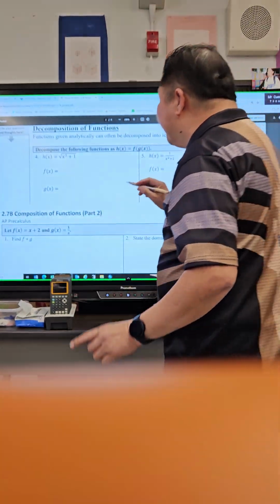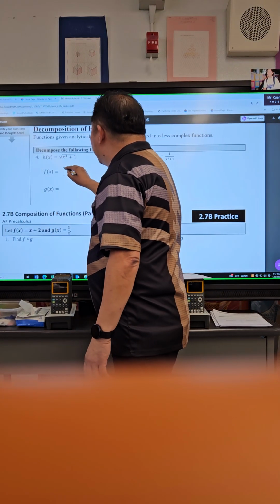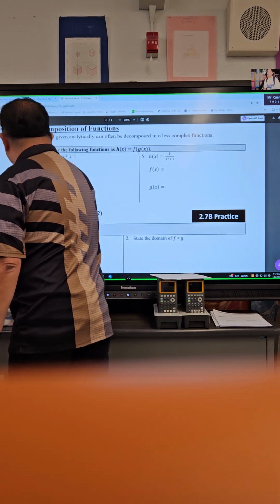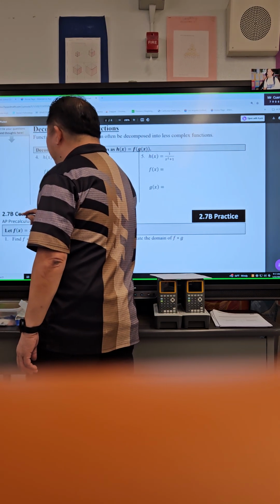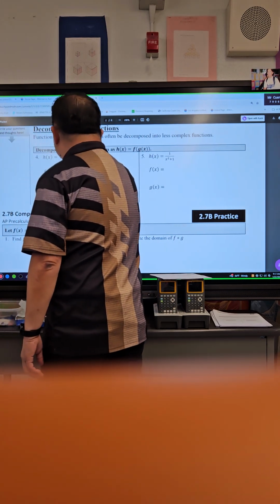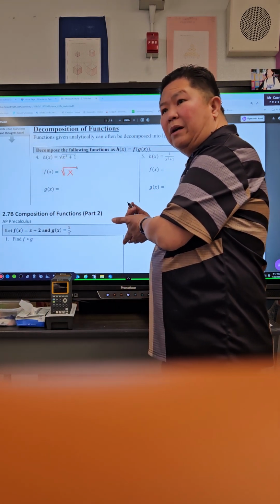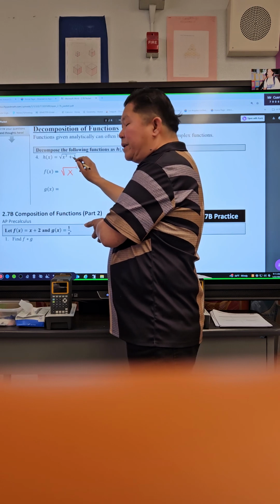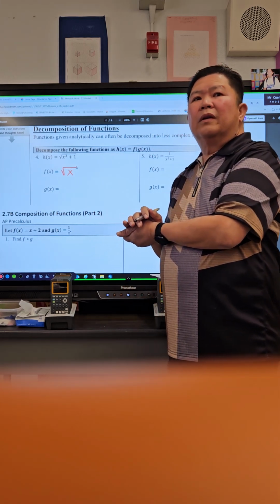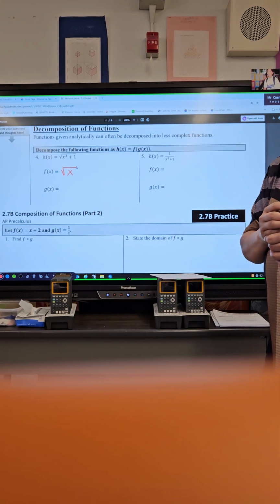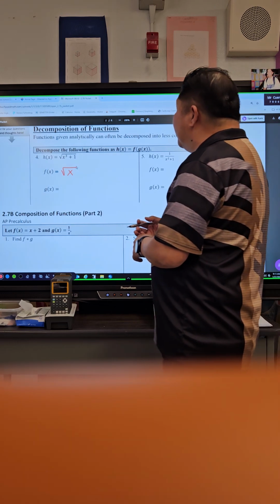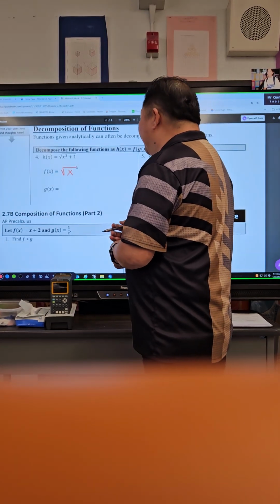That means the f of x is square root of x. That's how the function is being decomposed. From h of x is equal to square root of x to the power of 3 plus 1.